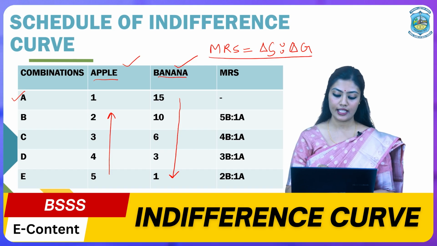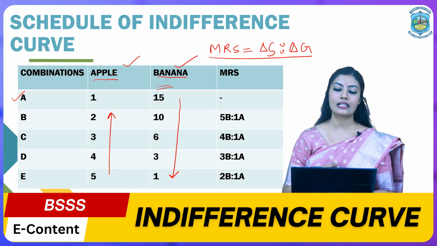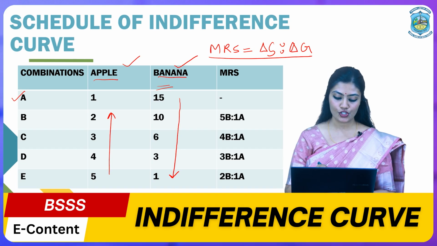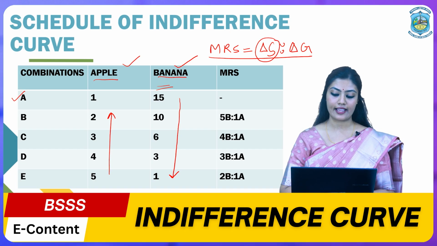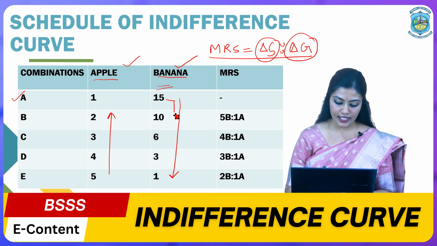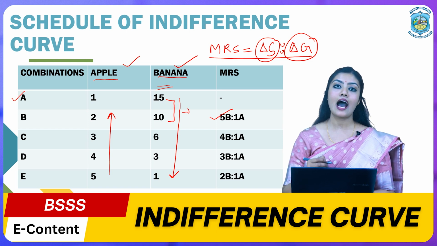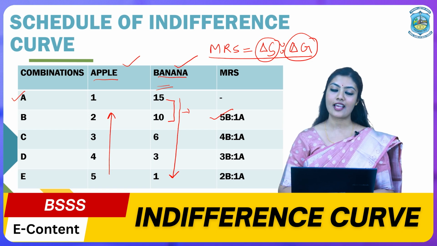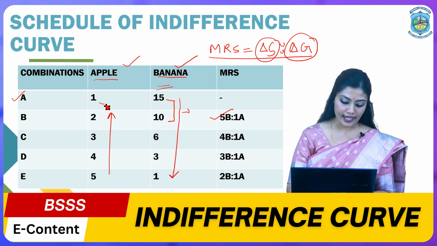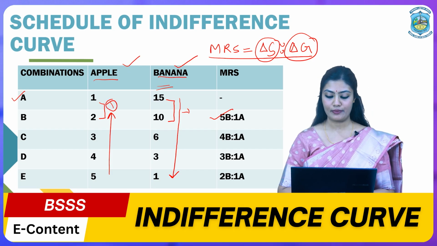For combination A, because we do not have a previous value, we cannot compare it. But if I talk about combination B, I can find out the ratio of sacrifice and the ratio of gain. 15 minus 10 is 5, and that is how many bananas a consumer is ready to sacrifice so that he can get one more additional unit of apple.